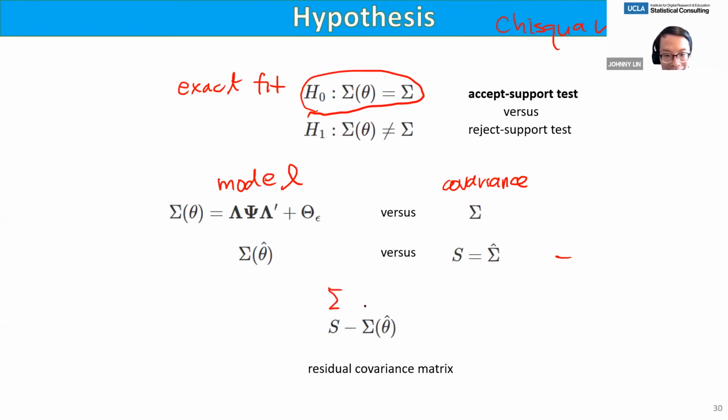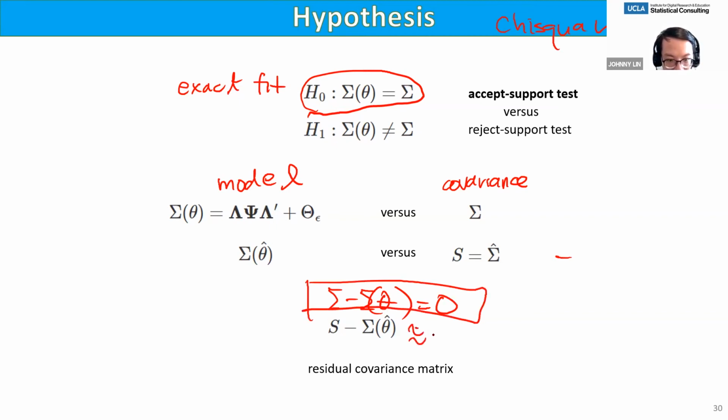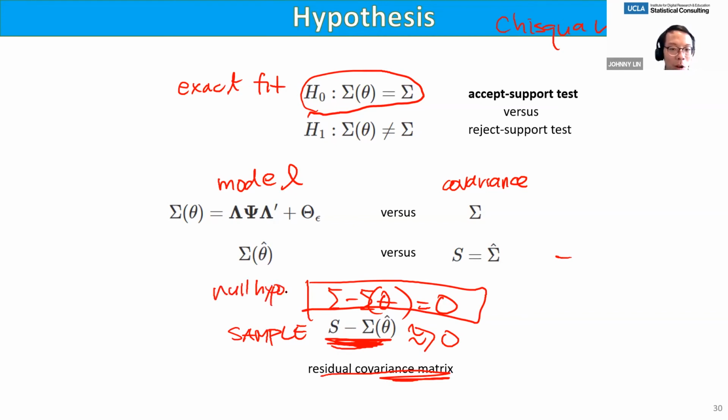What I was asking is, is this equal to the sample residual covariance matrix? No, because this is exactly 0 in the population, remember? But this should approximate or be close to 0, which is the sample. So the residual covariance matrix is talking about the sample, because in the population, under the null hypothesis, this will always be 0. That's why number 1 is false.